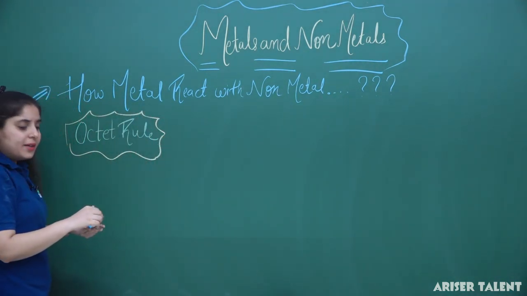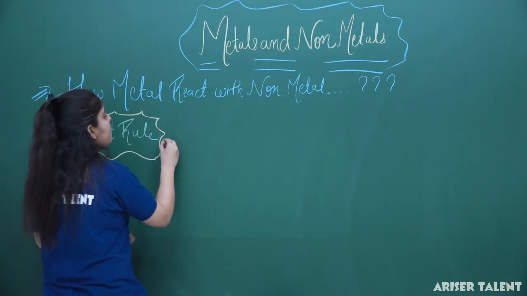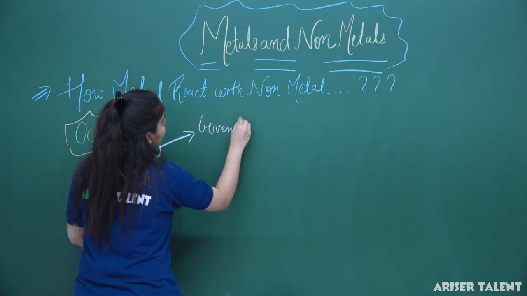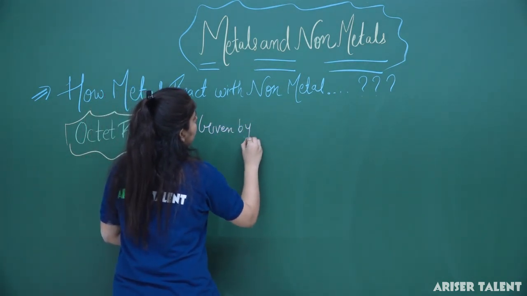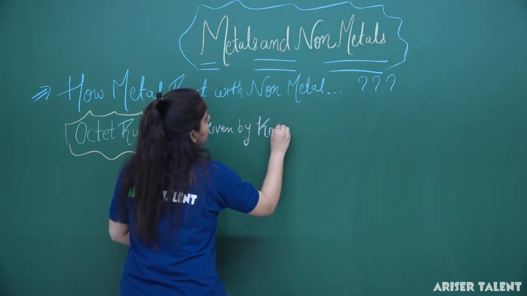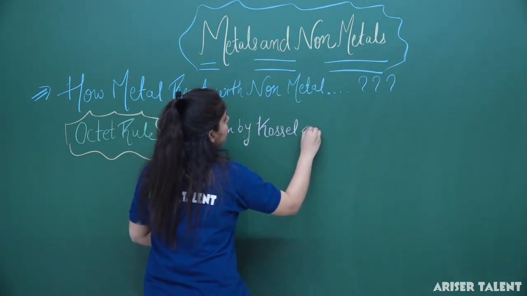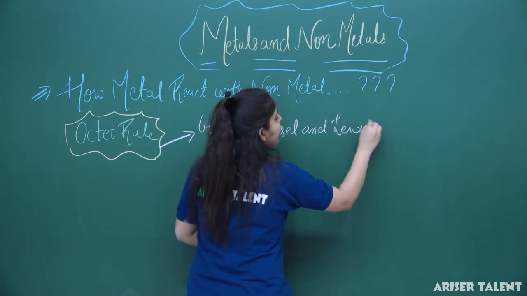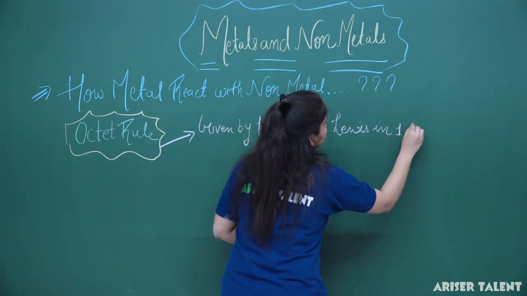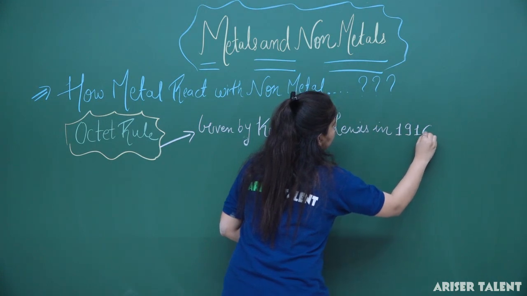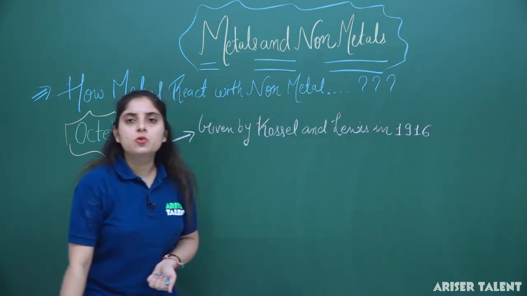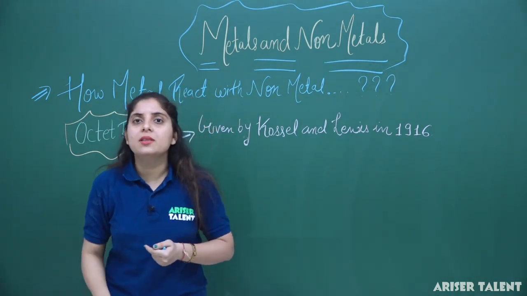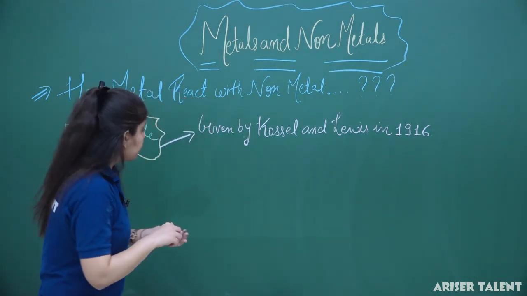So this octet rule is specifically given by Kossel and Lewis in the year 1916. According to this rule, an atom or element must contain 8 electrons in its outermost shell.